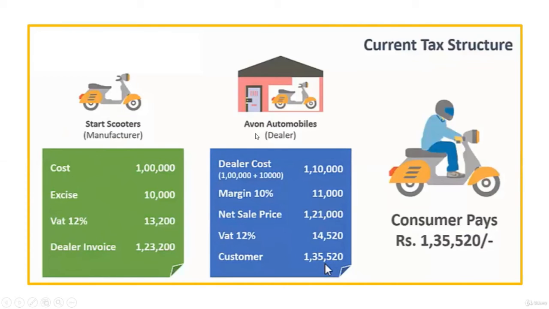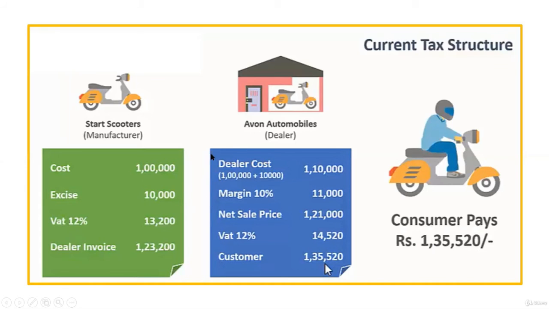But when Avon Automobiles calculates its base cost, the base cost will be 1 lakh plus 10,000, because Avon Automobiles cannot take the input tax credit of the excise duty amount. So they add this excise amount to their cost.